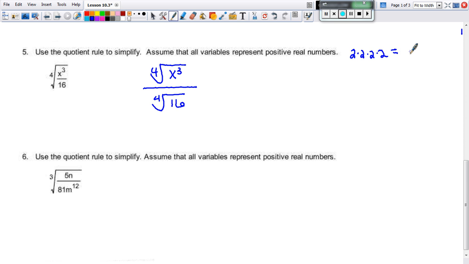So the fourth root of 16 is 2. On the top, there's nothing I can do with that. So that's going to be the answer for that one.